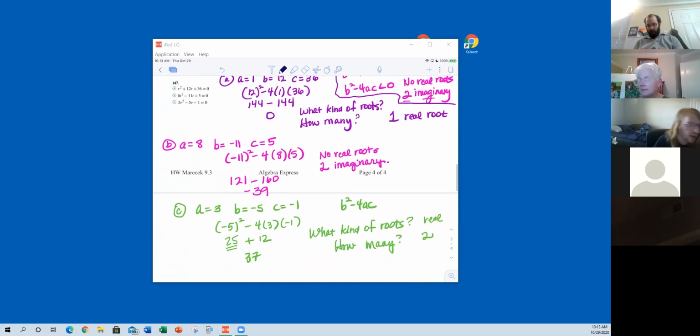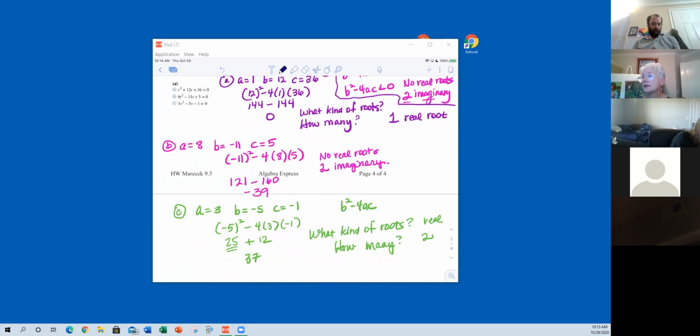Since it's negative, that means there's no real roots, never crosses the x-axis, and there'll be 2 imaginary roots. And finally, for c, we got that the discriminant is 37, and that's a positive number. So that means that there's going to be 2 real roots.